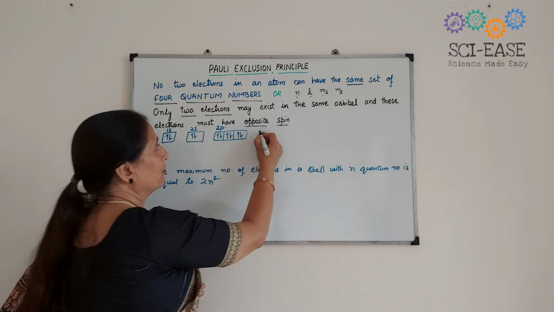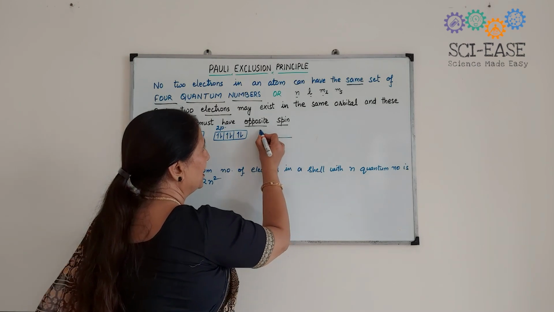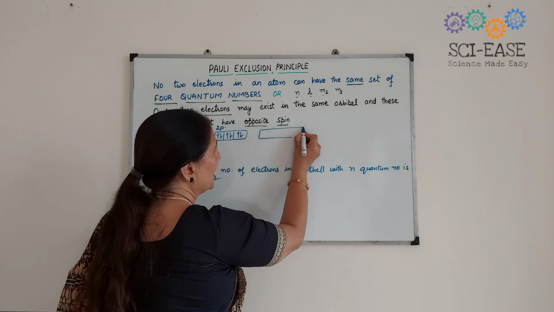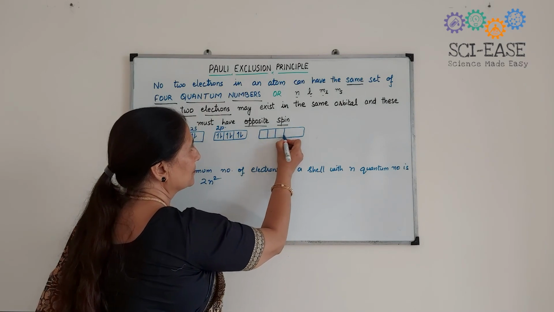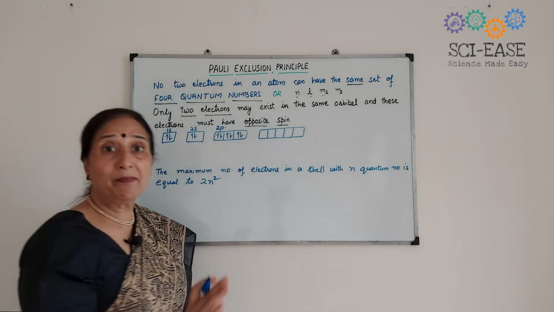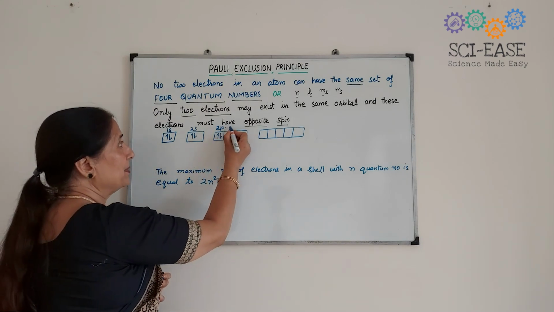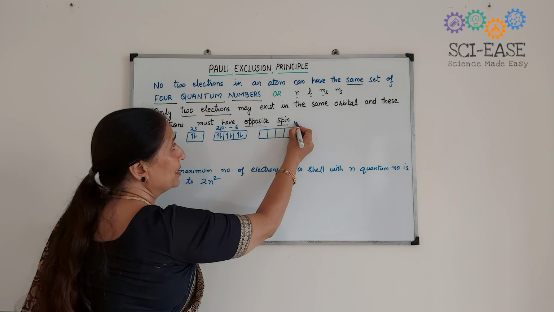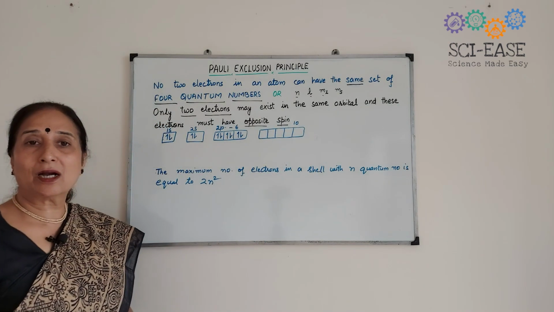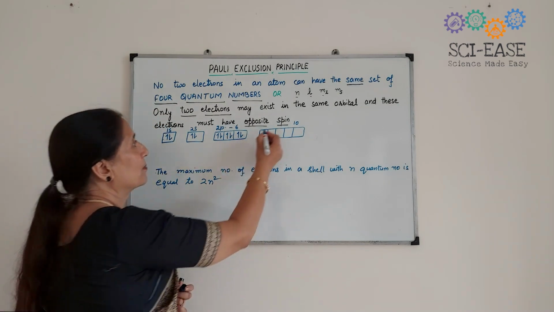Now take the case of the d subshell. The d subshell has 5 orbitals, and a maximum of 10 electrons can be accommodated in the d orbital.